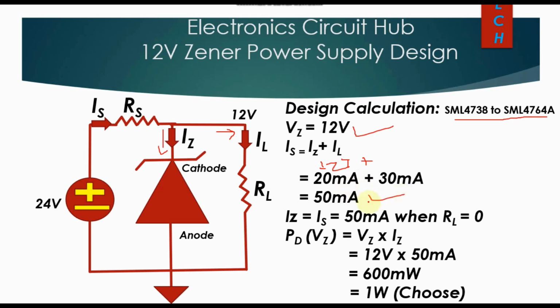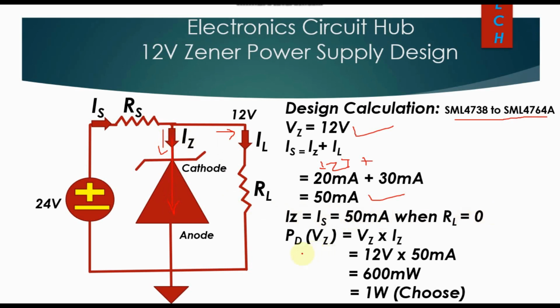Now if there is no load at the output, that means it is open circuit. Since it is open circuit, there is no current flowing through the load, so all the current will now flow through this Zener diode. So Iz equals Is equals 50 milliampere when RL is open. Right?